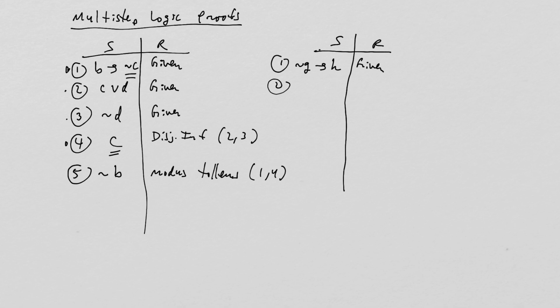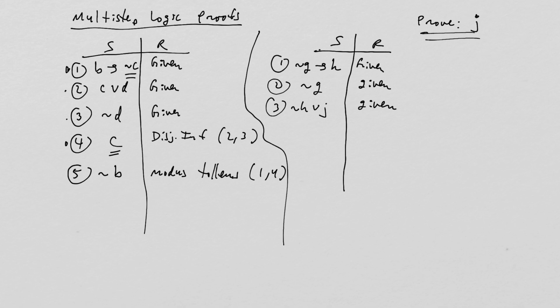The other given is not G. And the third given is not H or J. Sometimes they actually tell you to try to prove that J is true, so they tell you what they want the last step to be. It helps sometimes to know what the last step is going to be. It gives you some direction of where you're going.